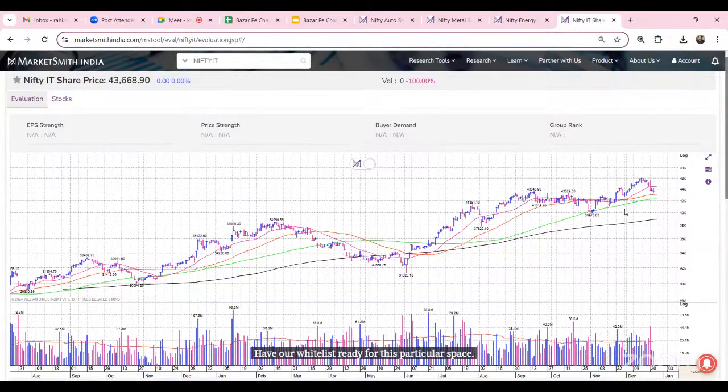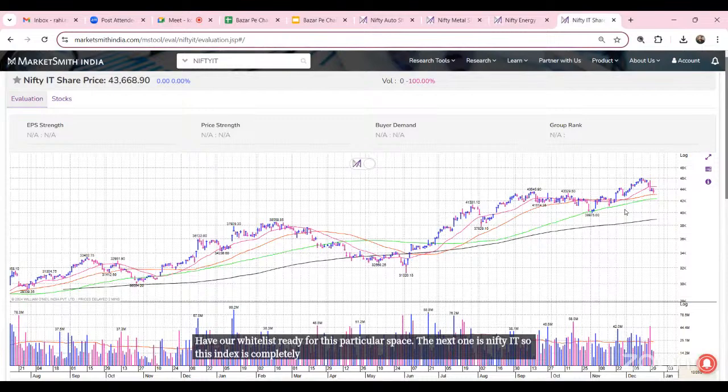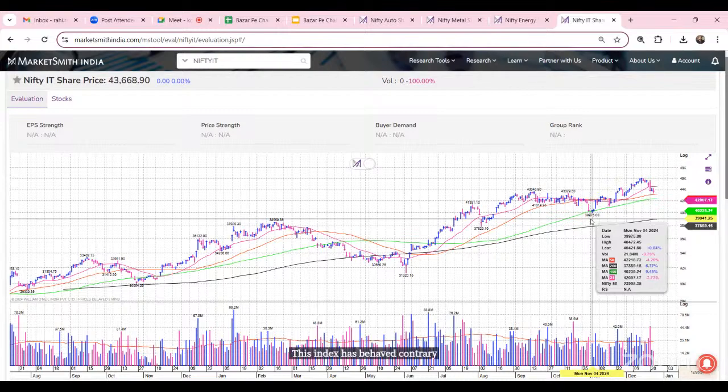The next one is Nifty IT. This index is completely different from all these three indices that I have talked about. It is completely different from Nifty Auto, Nifty Metal, and Nifty Energy as well. This index has behaved contrary to those three sectors.